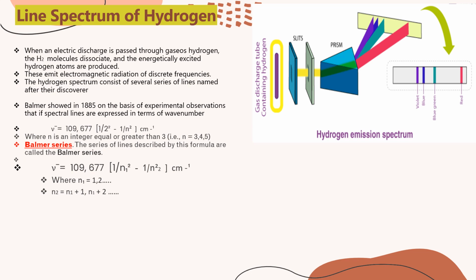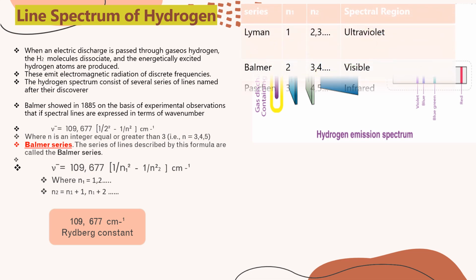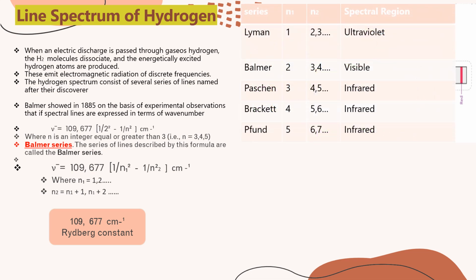Here n1 equals 1, 2, and so on, and n2 equals n1 plus 1, n1 plus 2, and so on. The value of 109,677 centimeter inverse is called the Rydberg constant for hydrogen atom. So the first 5 series of lines that correspond to n1 equal to 1, 2, 3, 4, 5 are known as Lyman, Balmer, Paschen, Brackett and Pfund series.